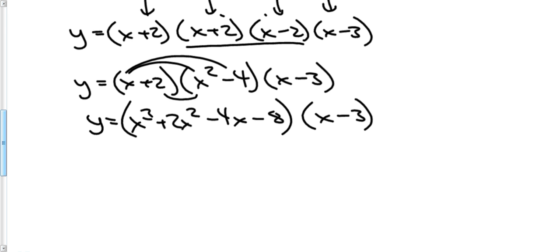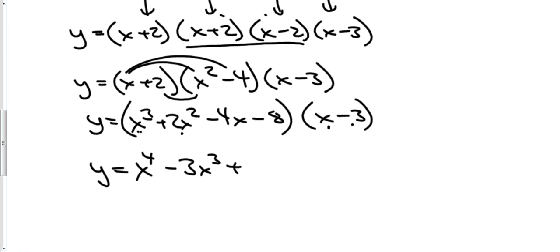I'm going to take every single one of those terms and multiply them by x and then by -3. So x to the third times x gives me x to the fourth. X to the third times -3 gives me minus 3x to the third. Then we take the 2x squared and multiply it by both of those as well.